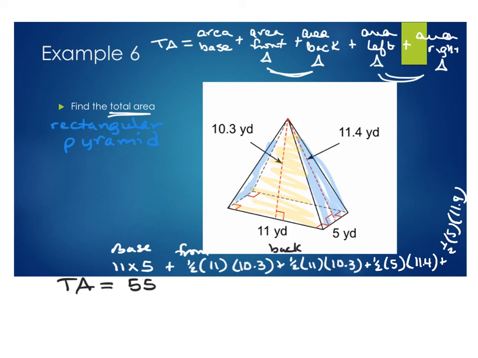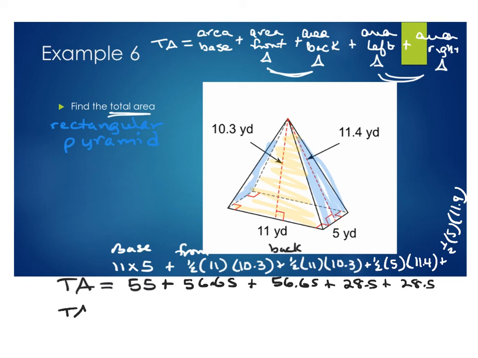So let me go ahead and multiply these. So the 1/2, 11 times 10.3 gives me 56.65. It's the same for the back. Then the left, 1/2, 5 times 11.4 gives me 28.5, which is the same as the right.